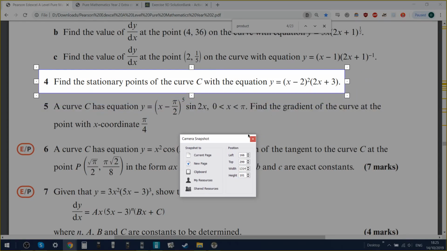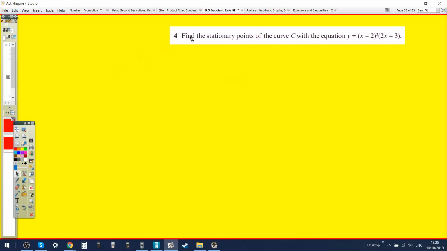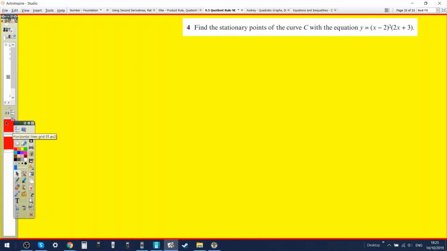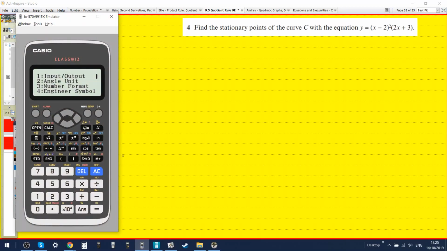How do we do this? Okay, stationary point.